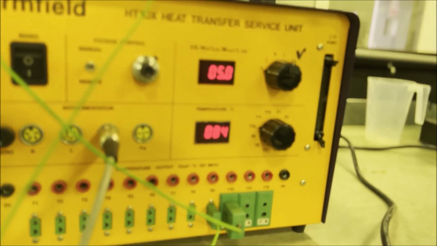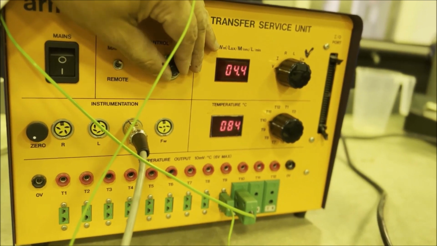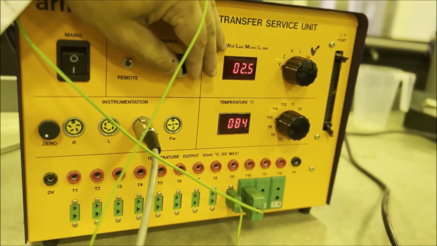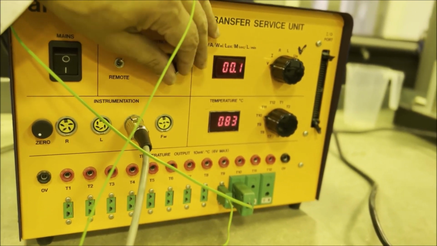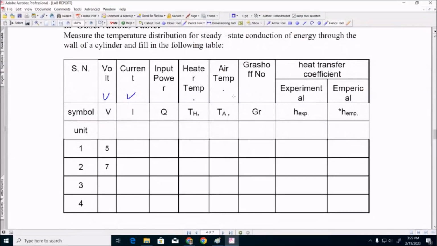Keep this voltage and the temperature on T10, and reduce the voltage to 0. Make it 0 voltage and switch off. For experimentation, we will record the readings and write them here.